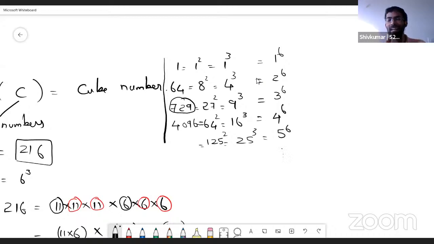Right. So what is another characterization of all numbers that are both perfect squares and perfect cubes? Can you make another characterization of it? Sir, their square roots are consecutive numbers, sir.